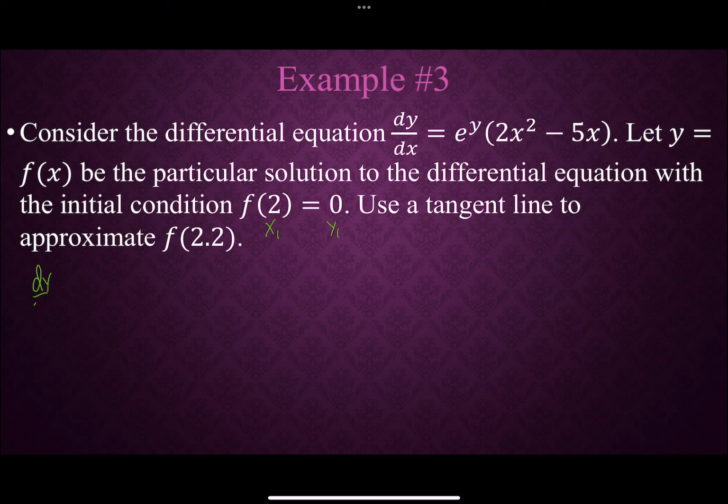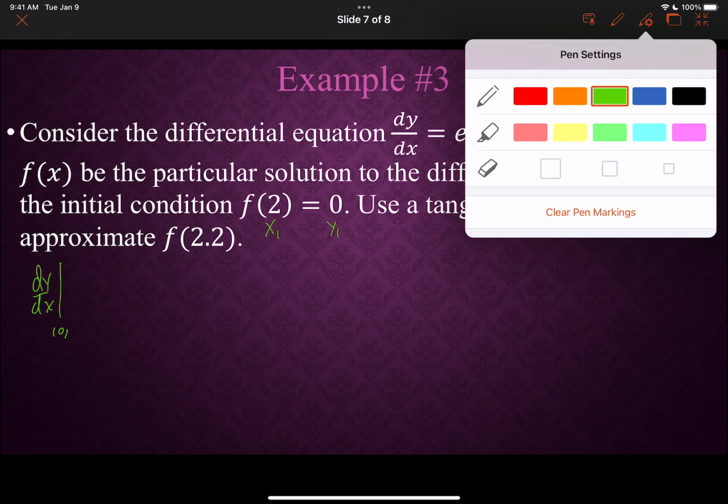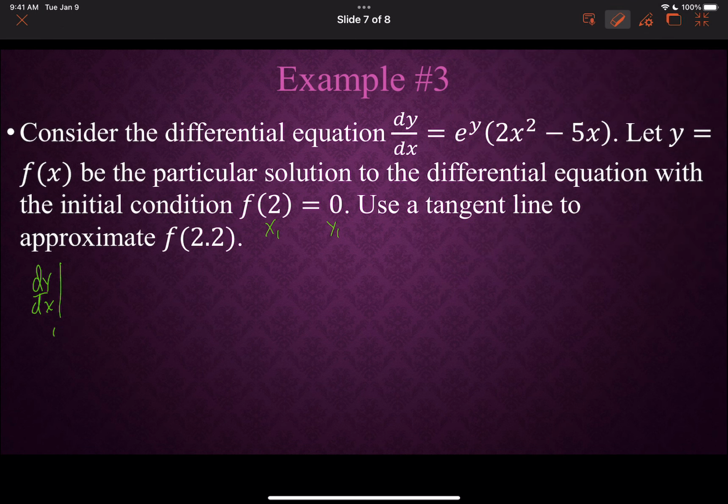Dy dx at this 2, 0, sorry, would equal e to the 0 times 2 squared minus 5 times 2. E to the 0 is 1. We get 8 minus 10. So our derivative is negative 2, and that's our slope.